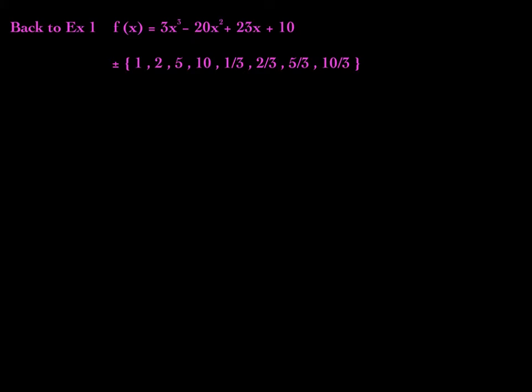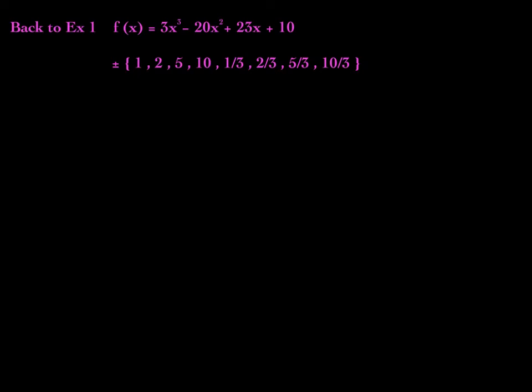Now, the rational zeros theorem says that if this cubic polynomial function has any rational zeros, then they have to be in this list. So what we're going to do now is use the remainder and factor theorems from the previous lesson to start checking these. We want to check to see which one of these, if any, happen to be zeros.